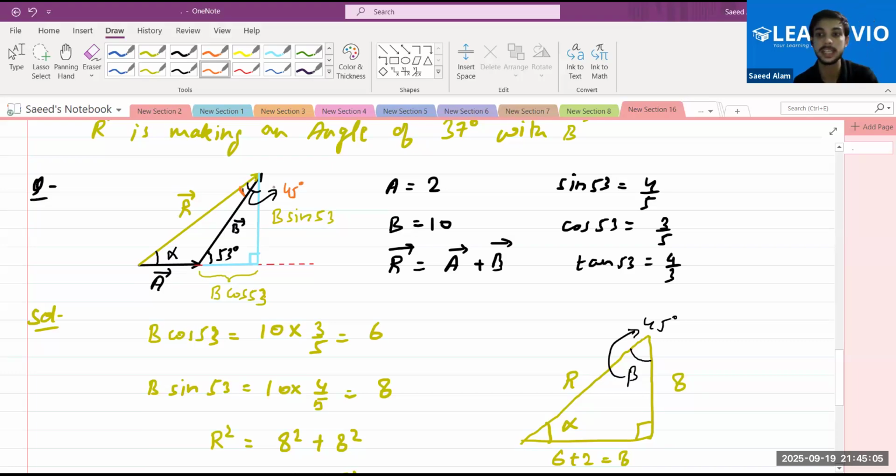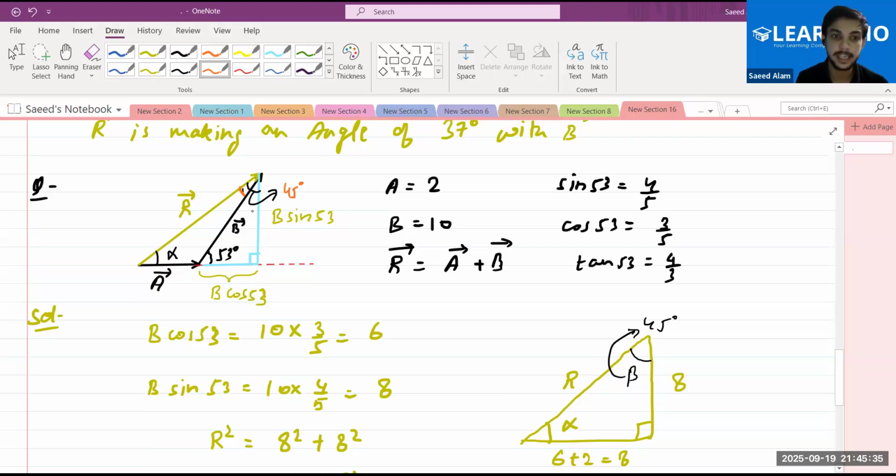Because 45 degree is not the angle made by the R with the B. That small angle is the one being made with the B. Although very few people discuss this, I'm discussing it here. That complete angle is 45 degree, but the angle made with the B is the small one. How can we find that small one?